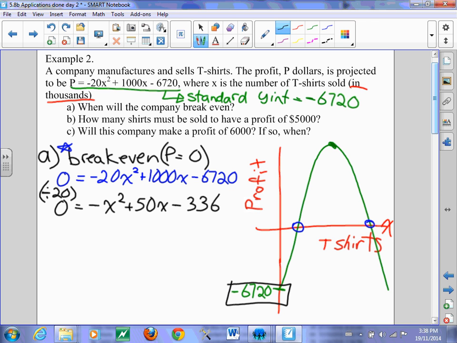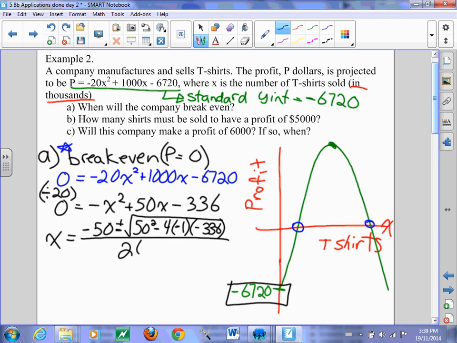Okay? Plug it in the quadratic formula. We have x this time as our variable. So it's going to be negative 50 plus or minus the square root of 50 squared minus 4 times a times c, all divided by 2 times a. Okay. Simplify by doing some work in your calculator, folks.